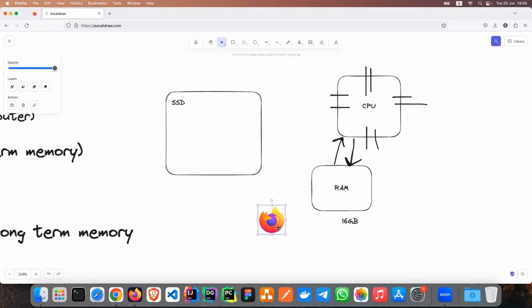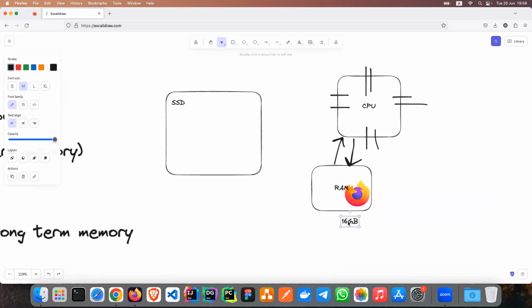Let's say Firefox only uses 4 gigabytes of RAM. When I click Firefox, it will be automatically loaded to the RAM. Why? Because for the CPU, it's easier to work with RAM. If I have 16 gigabytes of RAM and this Firefox uses 4 gigabytes of RAM, what will I have? I only have 12 gigabytes of RAM to work with.